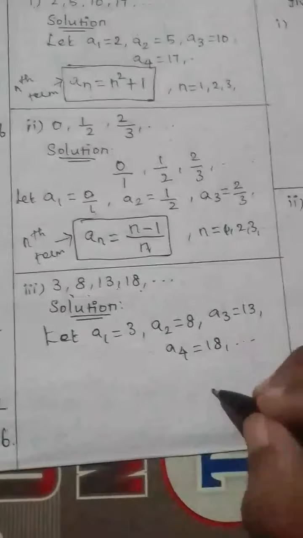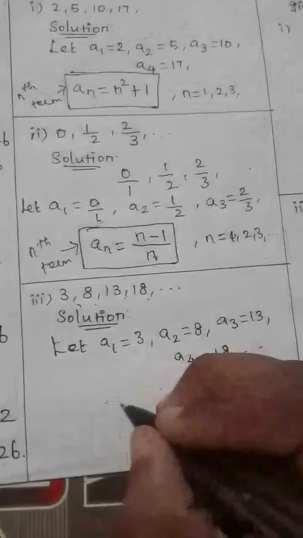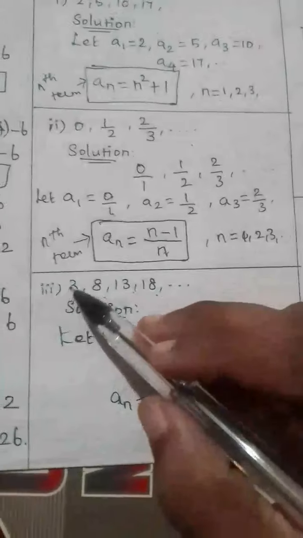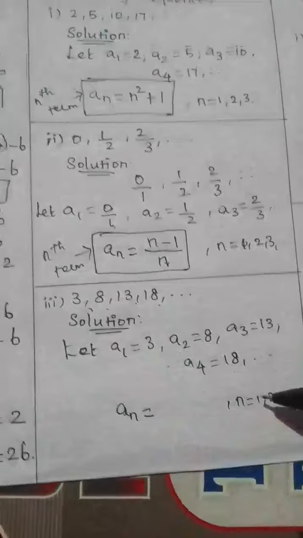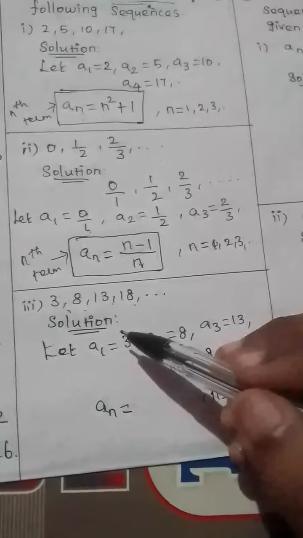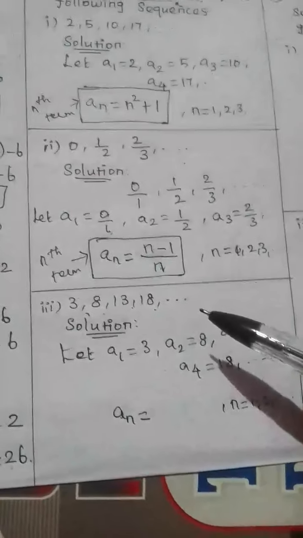So n takes the values 1, 2 and goes on. So our nth term an equal to, first value is 3, here n equal to 1. So 3 means n plus 2. So n plus 2 means 1 plus 2 is 3.